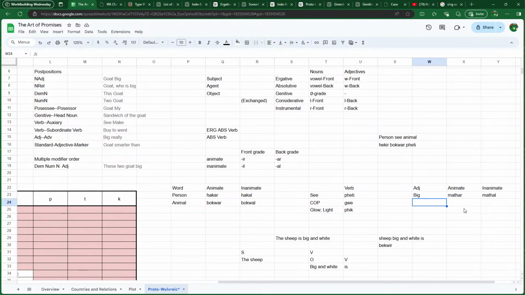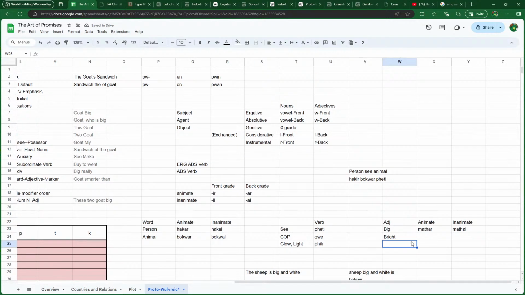So the adjective for bright will be basically a nominalized version of the verb. So the verb itself, if we have it be, well, it starts from being conservative. So light itself. Well, no, light itself would be considered animate, right?